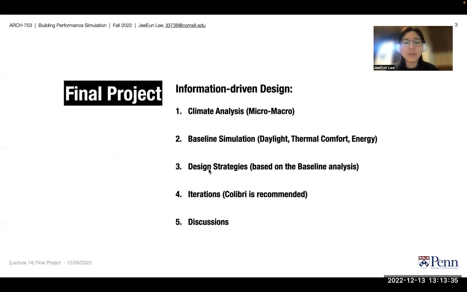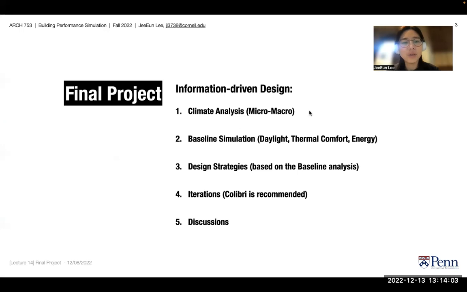And you will build up some design strategies based on your baseline analysis, and make some iterations. You can compare the baseline and your iterations with Calibri, which is very convenient. And you will talk about the takeaways from your project, what you've learned here.